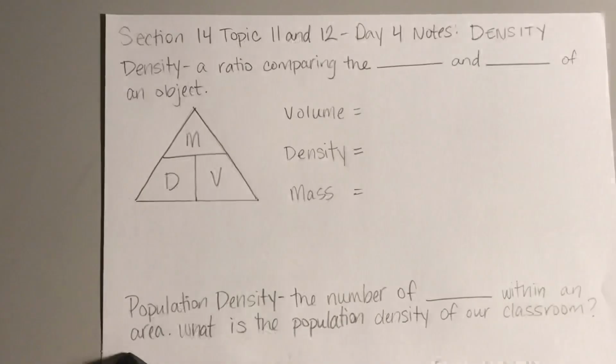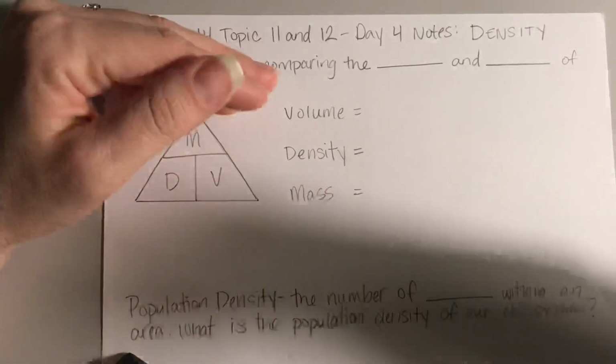Why do the liquids not all mix together? It's because they have different densities. They have different sugar contents. They have the same number of water particles, but because they have a different number of particles within each of the different types of liquids, they stay separated.